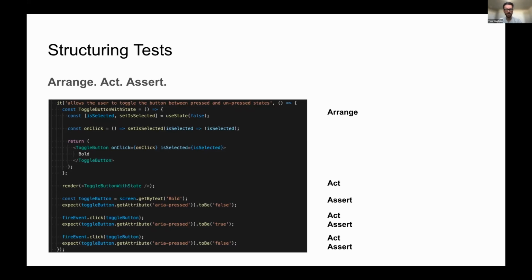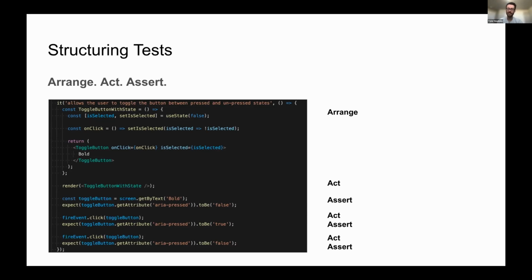And then we act, we render it, and then we assert. We assert that there's this text bold in the document, and we assert that it has this aria pressed attribute as false. Then we act again. We click on that button, and then we make an assertion. So we assert that now it has aria pressed true. And then we act again, we click on that button again, and we assert again. We make sure that aria pressed is false.